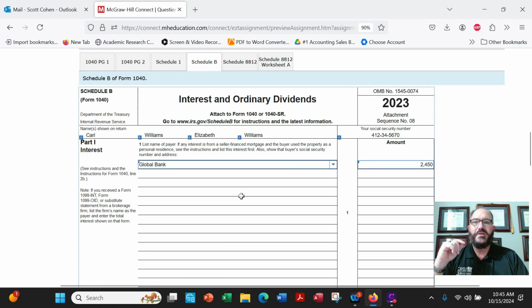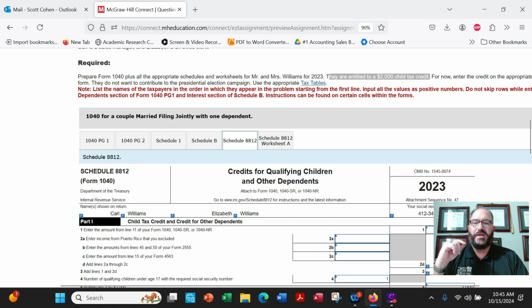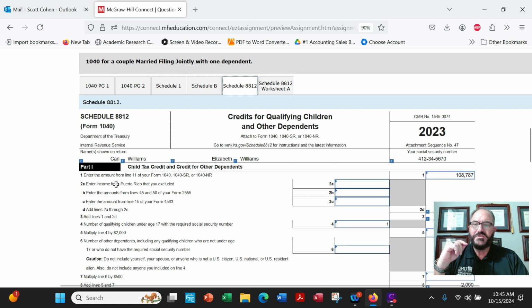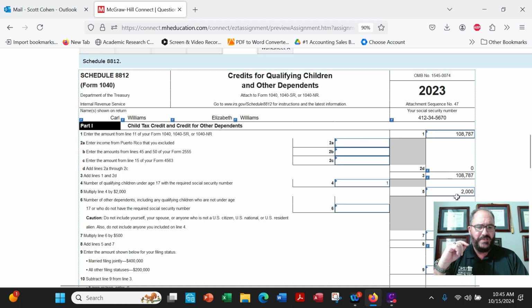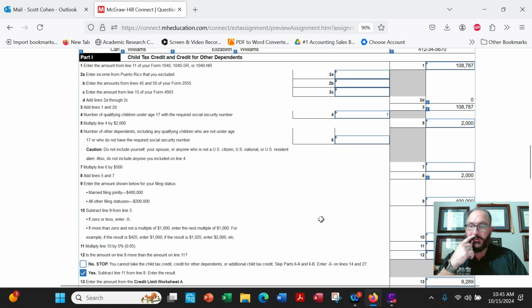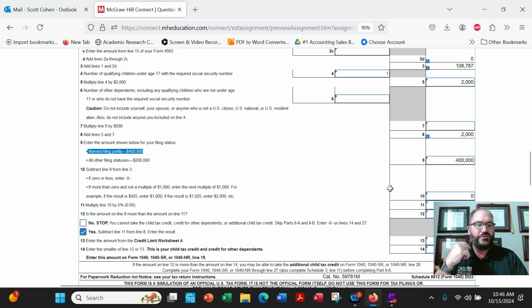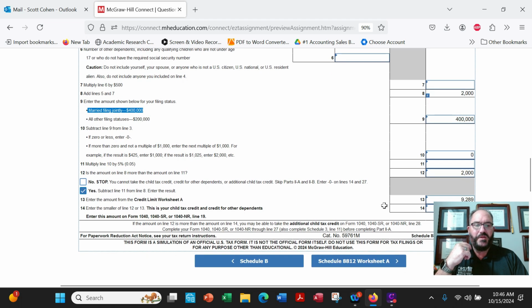Okay. Now, let's go take a look at 8812. So they ask you line 11. This is their income. There's the child tax credit. And then look, it says enter the amount shown in your filing status. Married filing jointly, $400,000. That's basically the cutoff point right there. So you just follow this all the way through, and there it gives you $2,000.